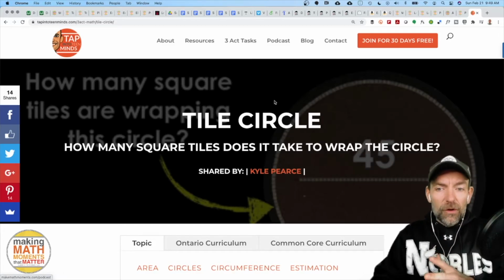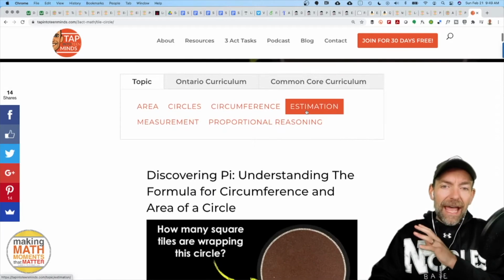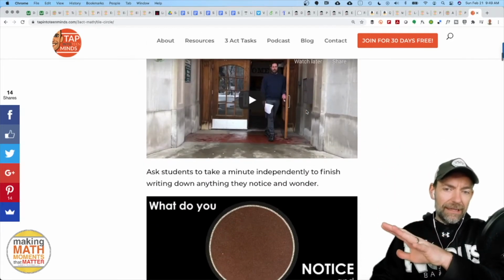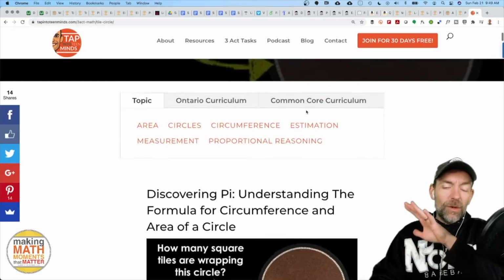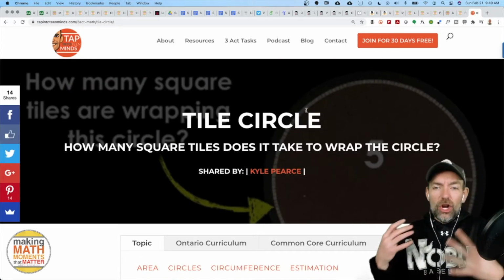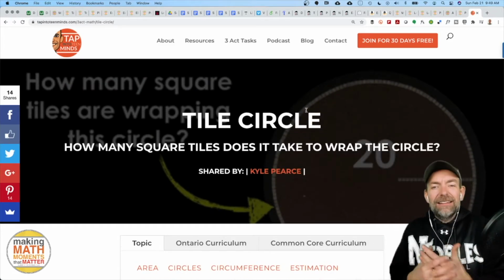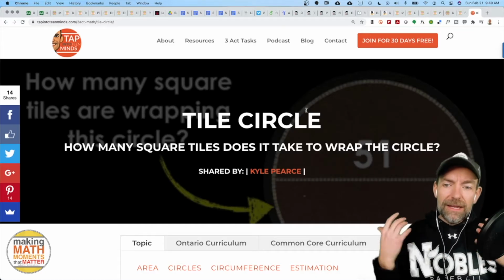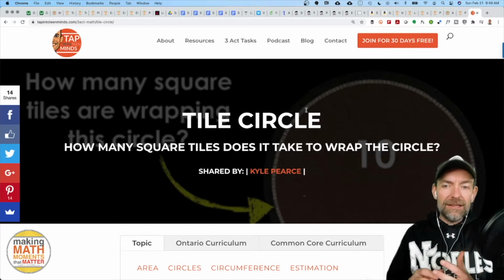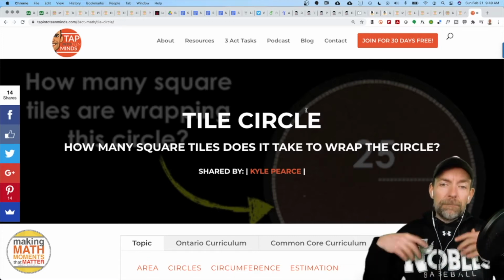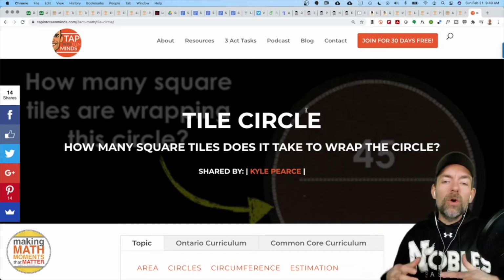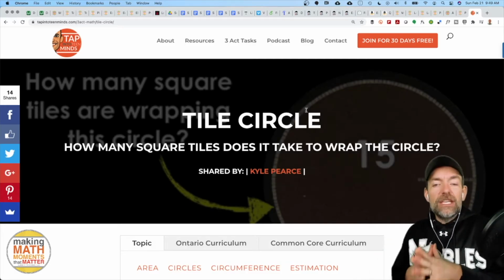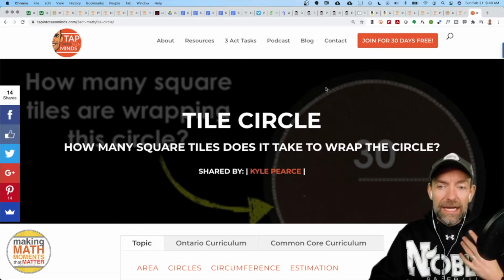So for now, these are great tasks, but you may have to do a little bit of modifying when you look at how they run independently here, because when we wrote these posts, we didn't know or understand how to lead a problem-based lesson like we do now. So it is our intent to take all of these tasks, build them out into units, and give you more guidance as a teacher so that you have the teacher moves that you need in order to run these without a hitch.